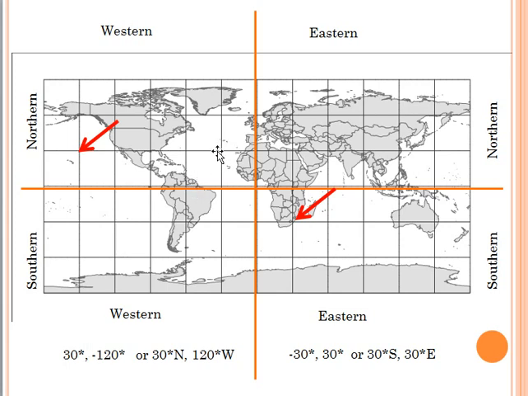And then 30, 60, 90, 120, 150, I did that wrong. 150 degrees. So this is 30 degrees north, negative 150 degrees, or you can write 30 degrees north, 150 degrees west. I would accept either of those.